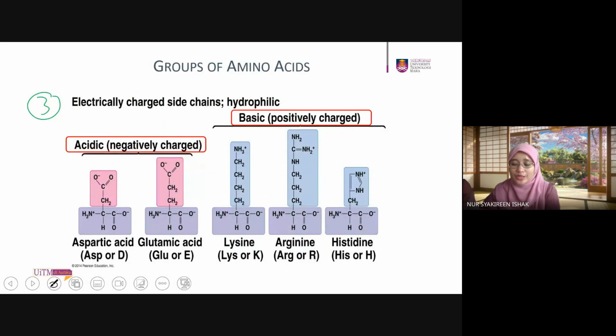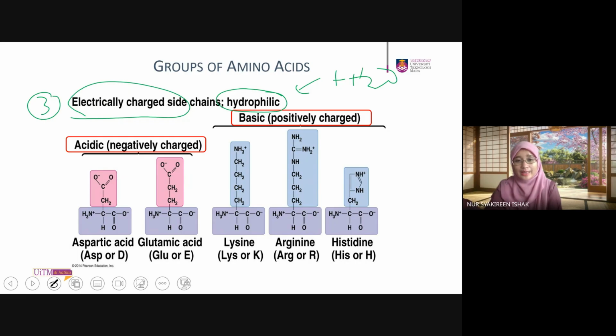So, electrically charged amino acids. Because the amino acid molecule has a charge, either positive or negative, it causes the molecule to be hydrophilic. It can attract or interact with water molecules. If you look at the side chain of the amino acid that has a negative charge, you will see that it has a carboxyl group.